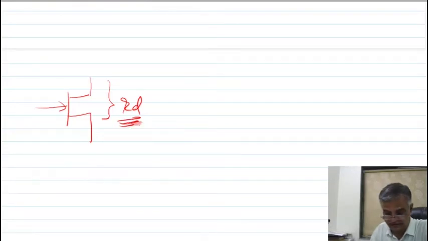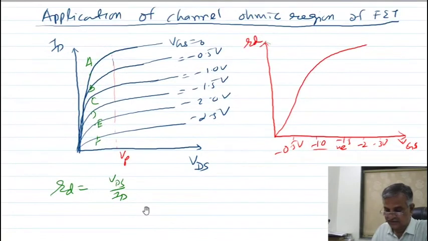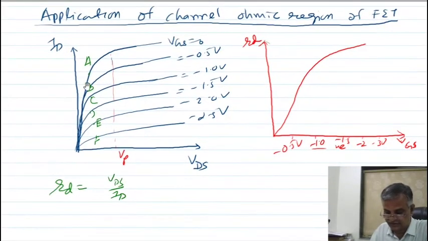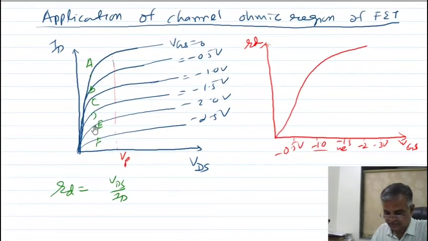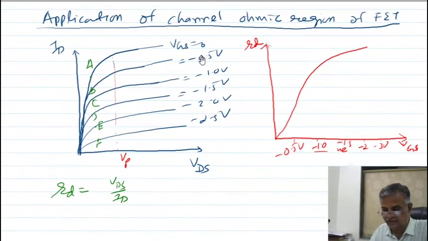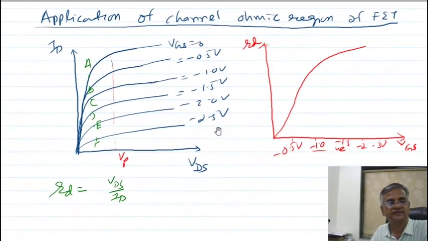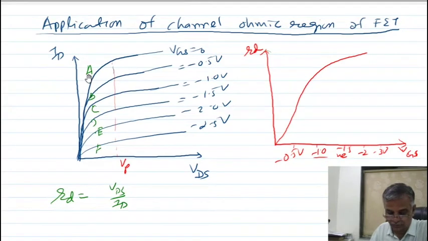You can see here, this resistance changes as VGS is changed. So from the slope you can find it. If you find the slope of each line, 1 upon the slope gives you the drain resistance.